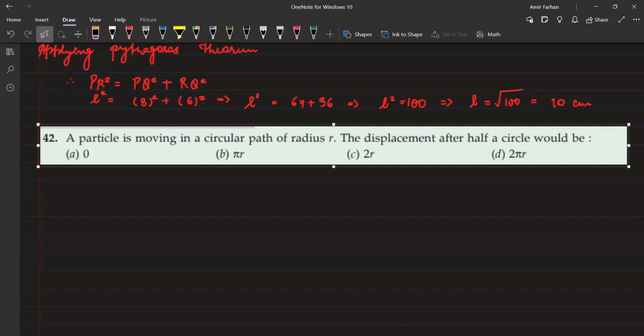So now you have to calculate the displacement after half a circle. Options are given to you. So at least try. If not, I will let you know the answer. Don't worry, I will explain it.